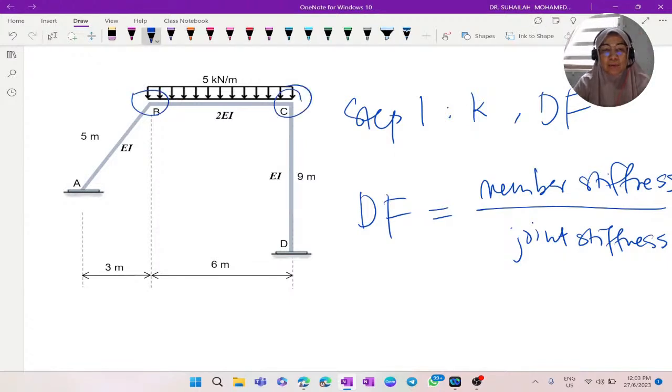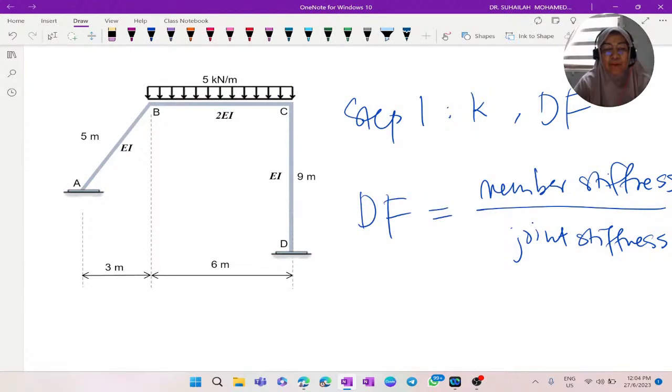B and C for a frame, we call rigid joints. For B and C in a continuous beam, normally the joint is a roller support or pin support. But for a frame, B and C we normally call rigid joints.